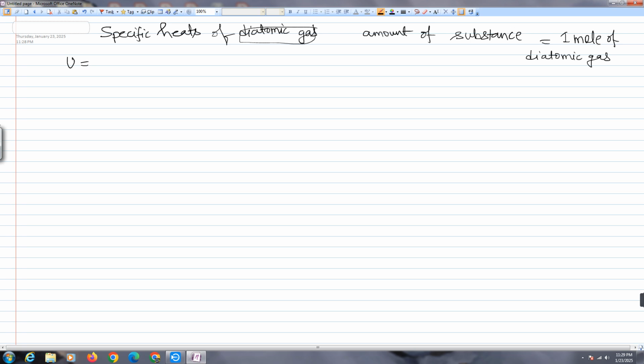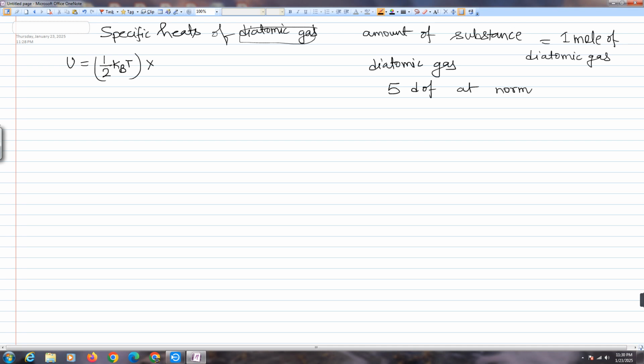So we are taking the help of the law of equipartition of energy, which says that each degree of freedom will carry this much amount of energy, which is 1 by 2 kBT multiplied by degree of freedom. Now in the diatomic case, a diatomic gas will have 5 degrees of freedom at normal room temperature.